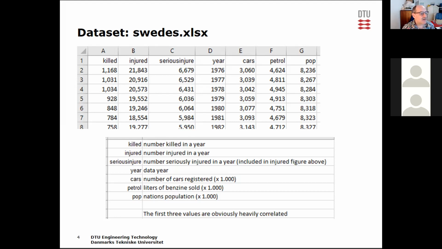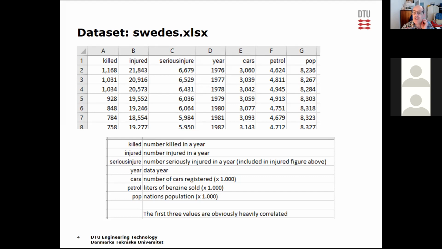All right. So the petrol here, the multiplier on this, I'm not sure what the multiplier really should be. It's just a guess. Maybe it should be multiplied by 10 to the 6, not 1,000, but 1,000,000.